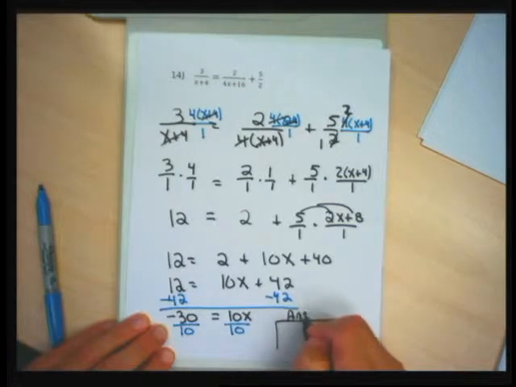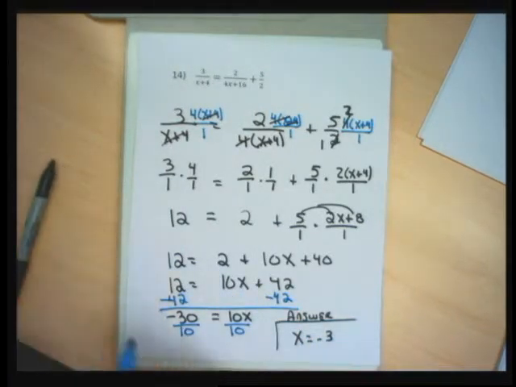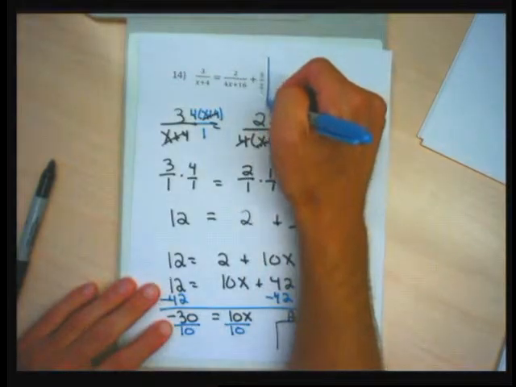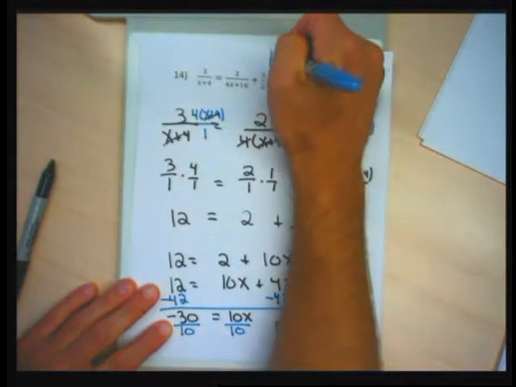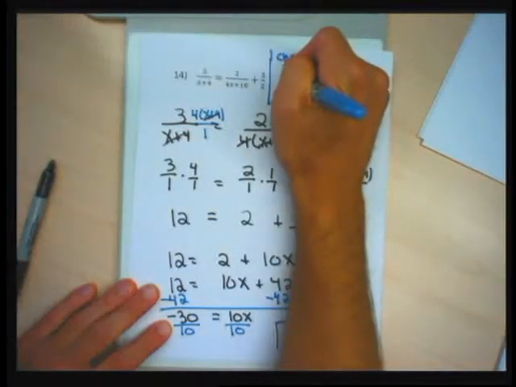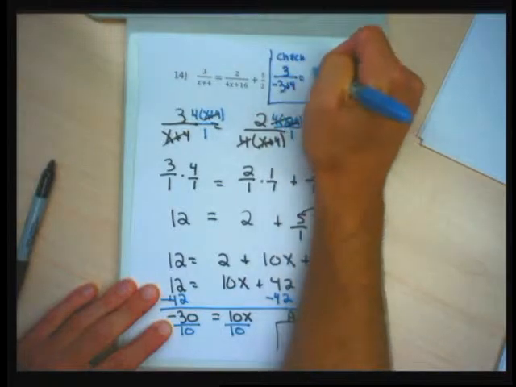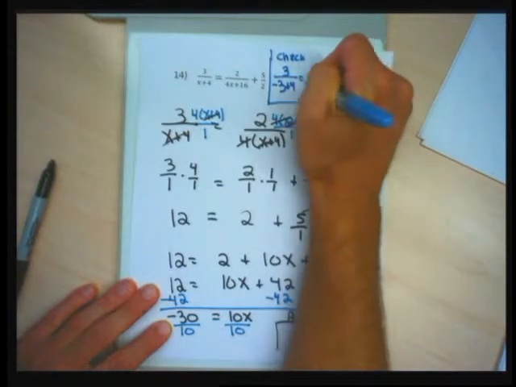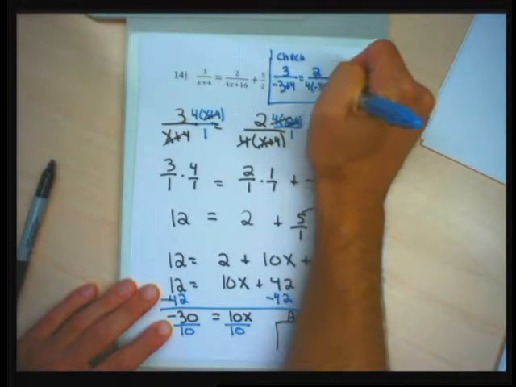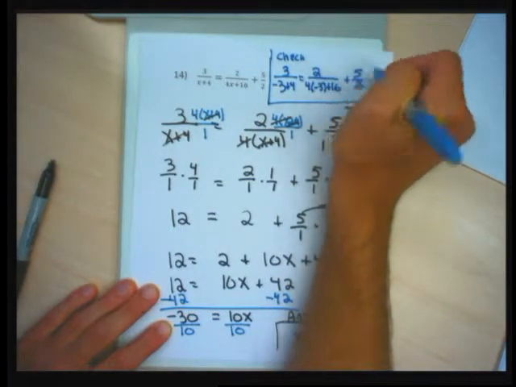I believe the answer, the only one answer, is x equal to negative 3, because on the left-hand side, the zeros lop off. I'm going to check, which could involve double checking because each side has an x. So for my checking, I'm going to go 3 over negative 3 plus 4 and see if that equals 2 over 4 times negative 3 plus 16 plus 5 over 2.